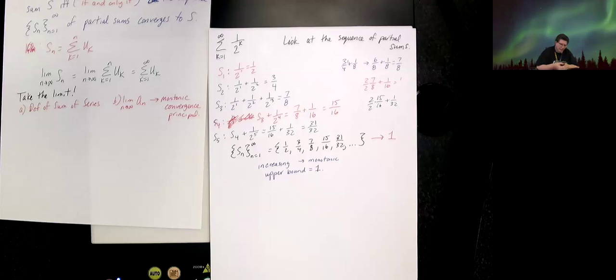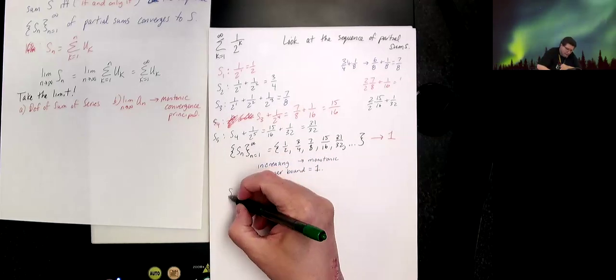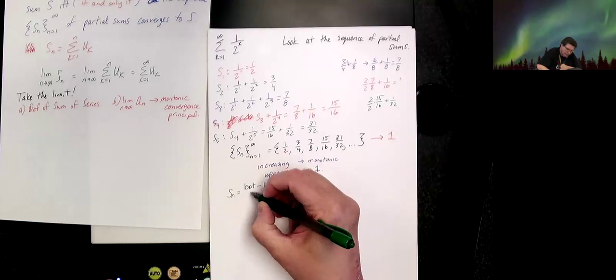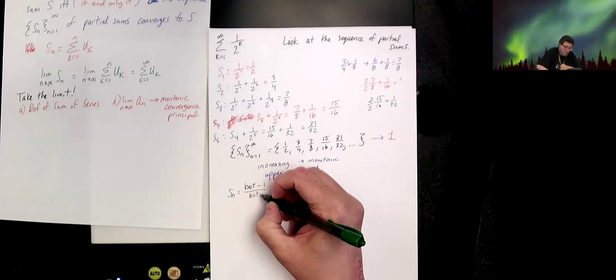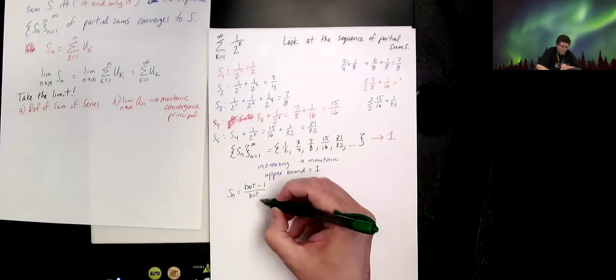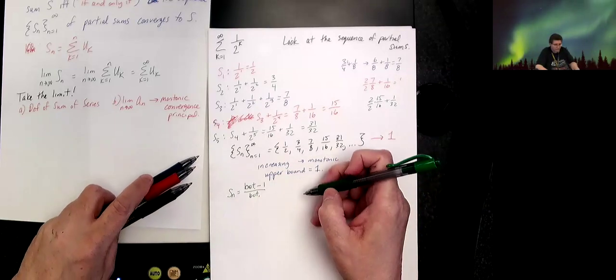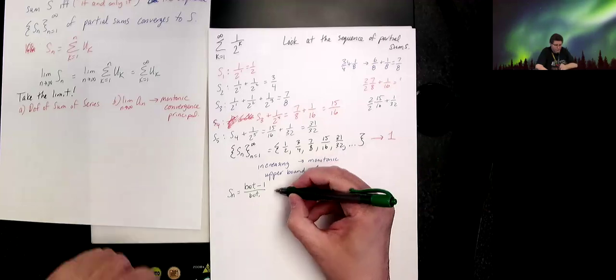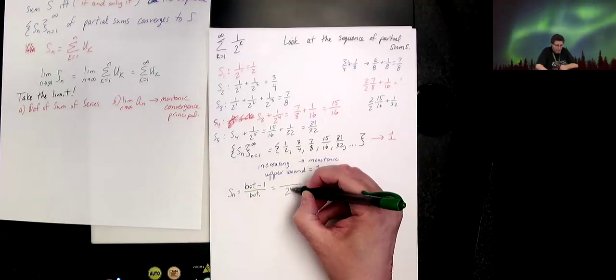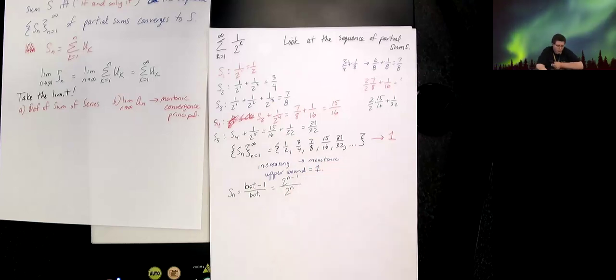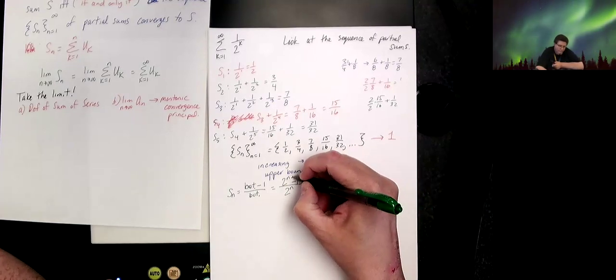So S sub n in general is going to be the bottom minus 1 over the bottom. What's the bottom though for S sub n? It's 2 to the n, which means the numerator is 2 to the n minus 1.